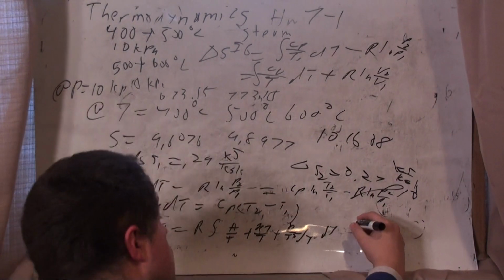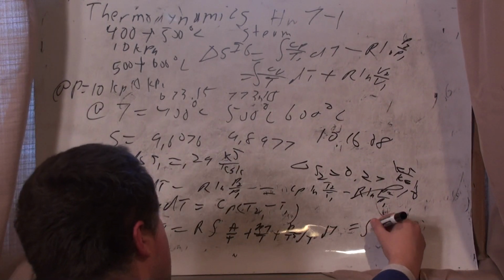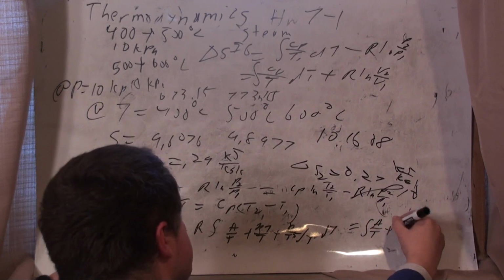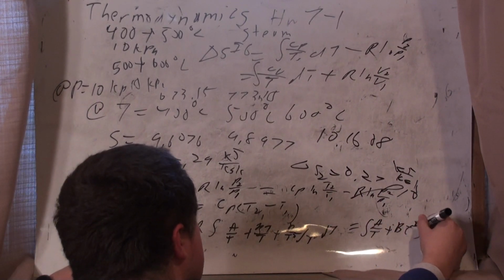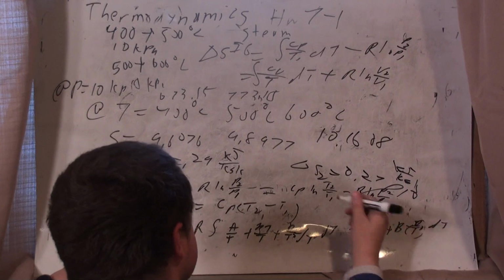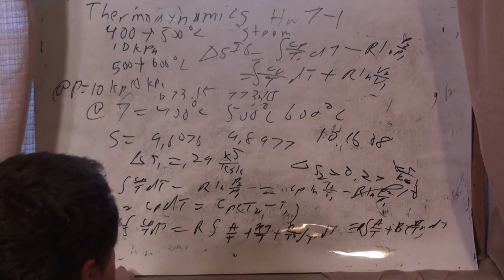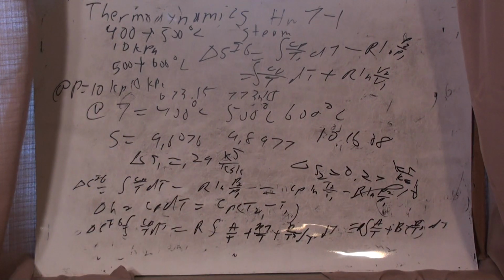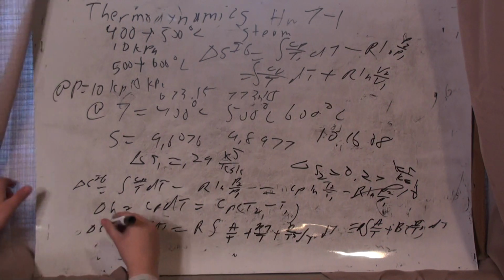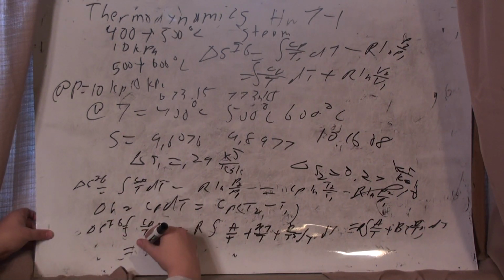Which is equal to A over T plus B plus D over T cubed, times R. And then I just do my integral, which is straightforward enough.